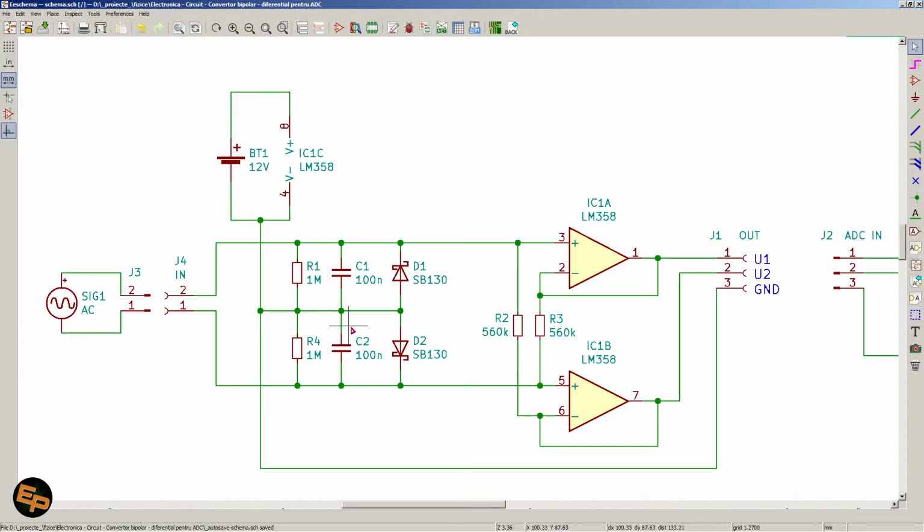And by the way, the 358 is just a dual op amp version of the 324, which is the 4 op amp version of this integrated circuit. So that's pretty much it. It's not a big deal. It's not rocket science.